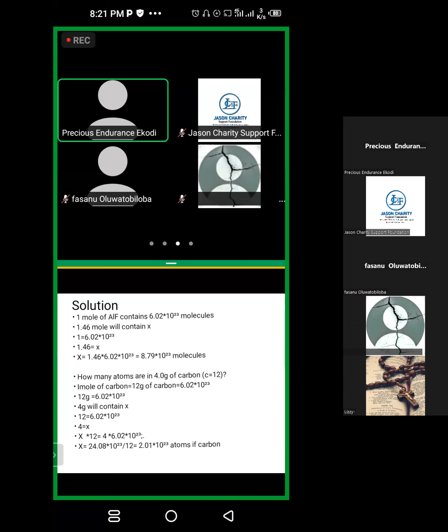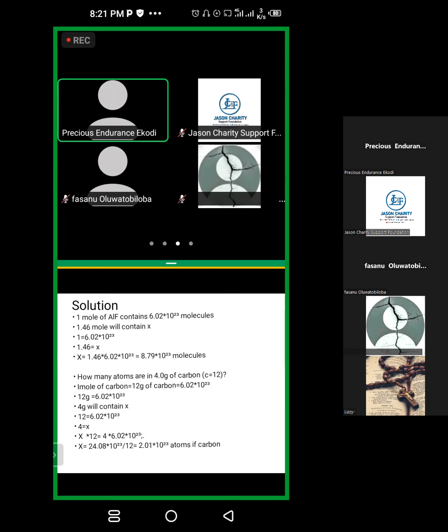That is after multiplying 4 times 6.02. Then dividing by 12, sorry, we have 2.01 times 10 raised to 23 atoms of carbon, please. Atoms of carbon.